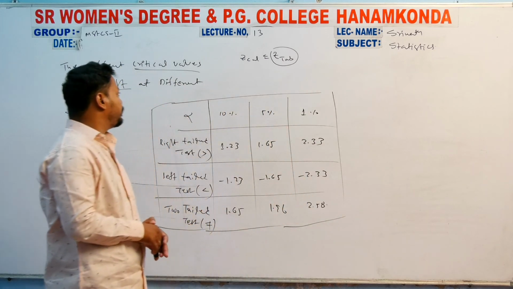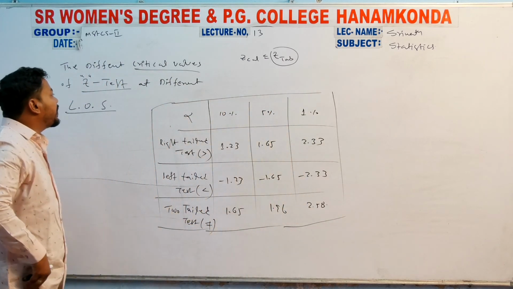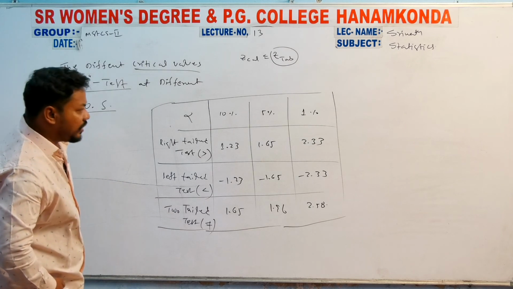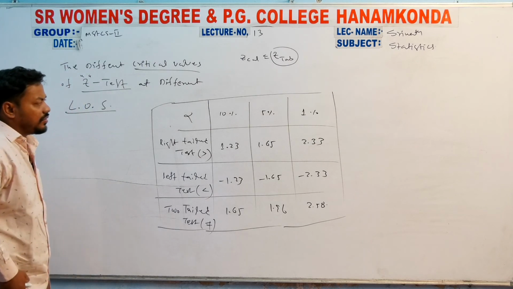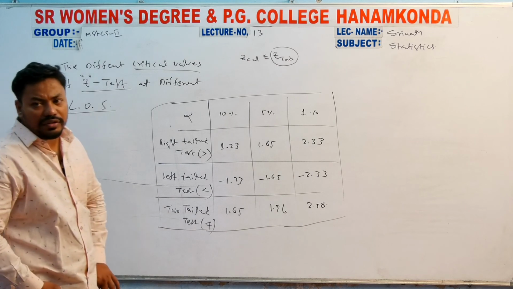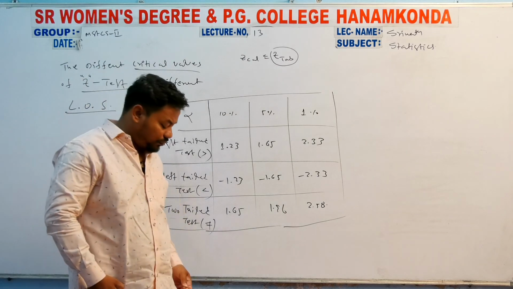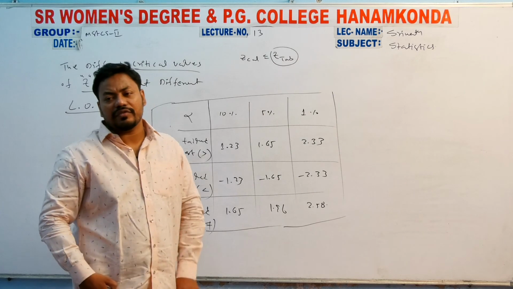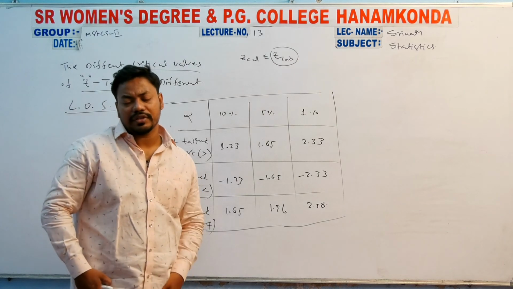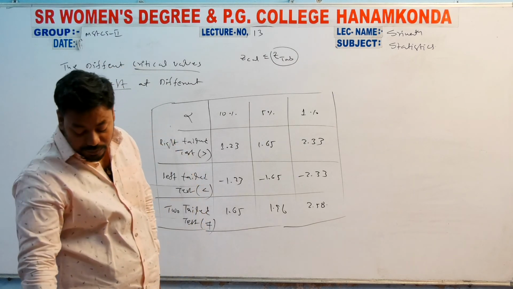These are the different critical values of the test at different levels of significance. And the critical value completely depends on the table value at the levels of significance 10%, 5% and 1%.